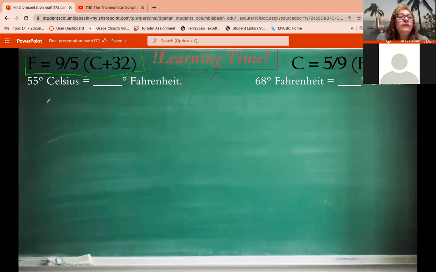So we have 55 degrees Celsius. First step, we have to keep our fraction. We have to substitute the C, which is Celsius, with the number 55, and then we have to add 32.